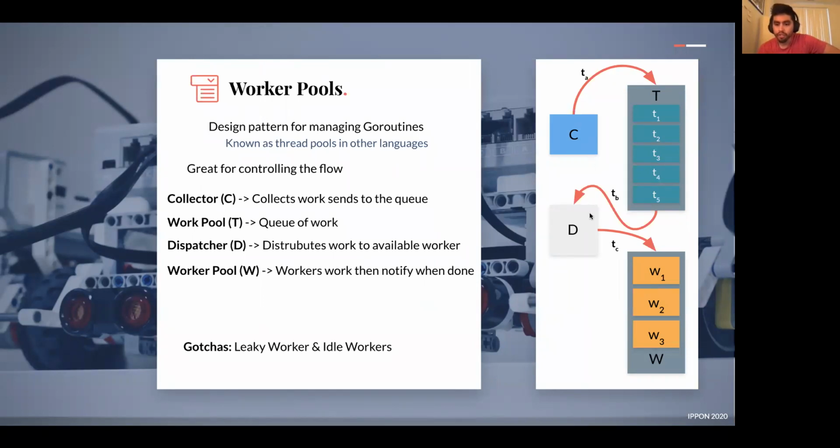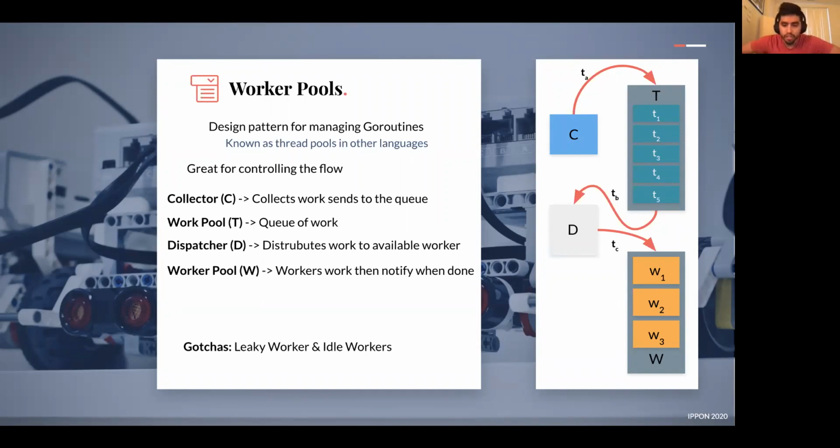And then this dispatcher will pull off some task, some piece of work, and then just hand it off to whatever worker is available. The worker's going to do its job, and then notify that it's done. It'll just continue until all of our work is complete, and then it'll get shut down.